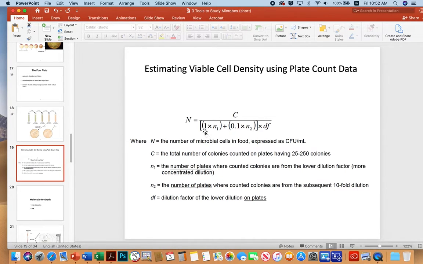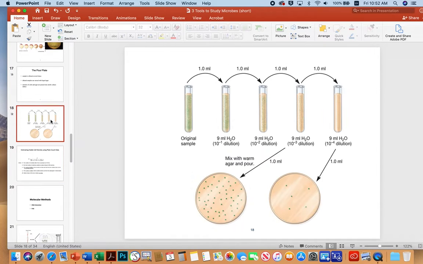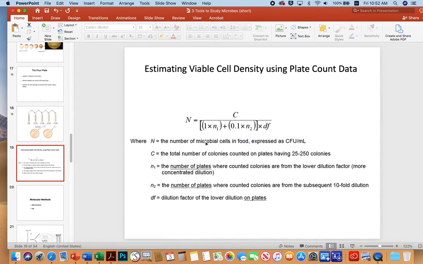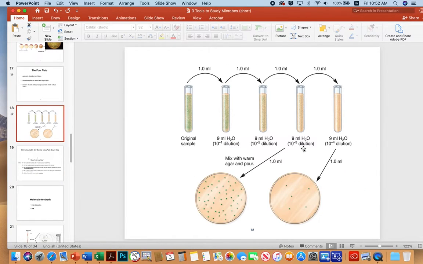My denominator is 1 times N1 plus 0.1 times N2 times dilution factor. So N1 in my hypothetical example is the number of plates where the counted colonies are from the lower dilution. So in this particular case, this is the lower dilution, and I've only done one plate. And so my thing would be 1 times 1. My N2, which is the number of plates at the next lowest dilution, is also 1.